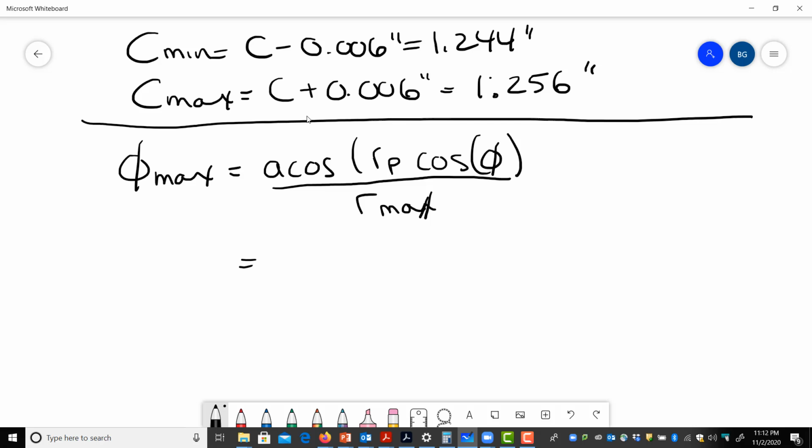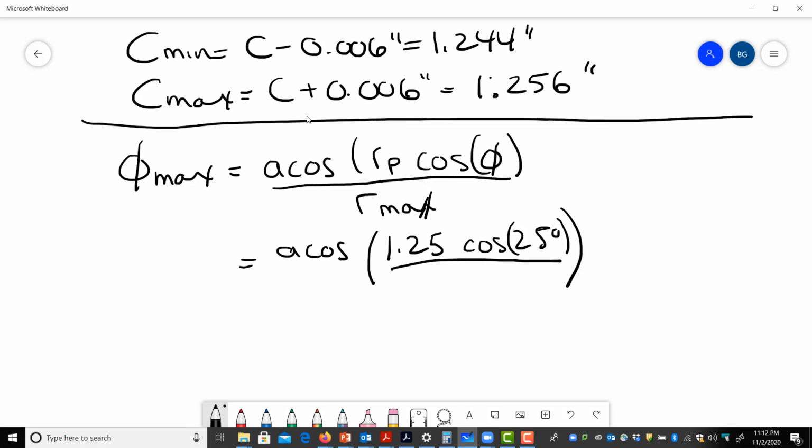Okay, so this equals A cos of 1.25 cos 25 degrees over 1.256 inches, equals 25.58 degrees.